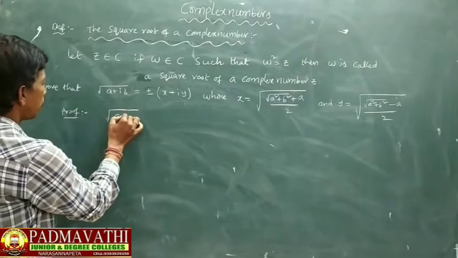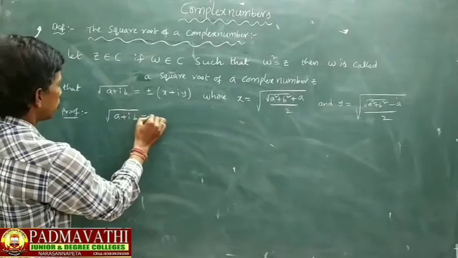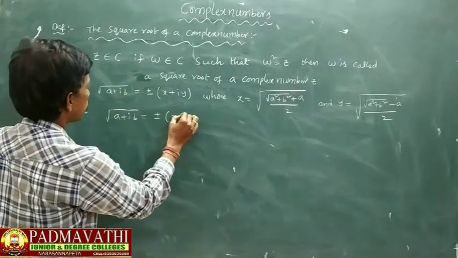Square root of a plus ib equals plus or minus (x plus iy).